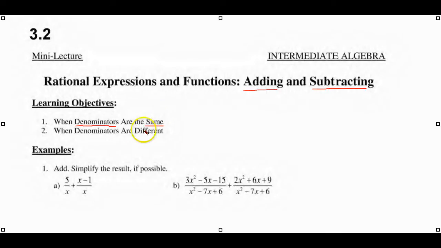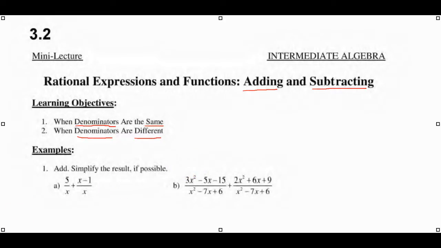Later, we'll find when the denominators are different, we have to modify those fractions by making them equivalent fractions that have the same denominator.